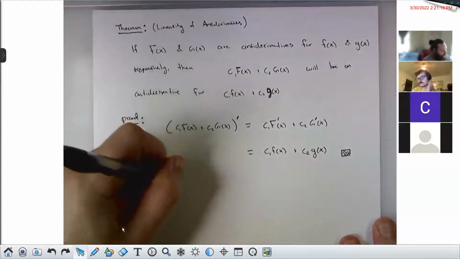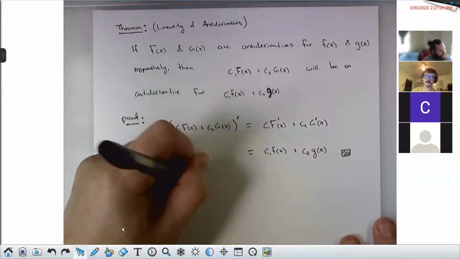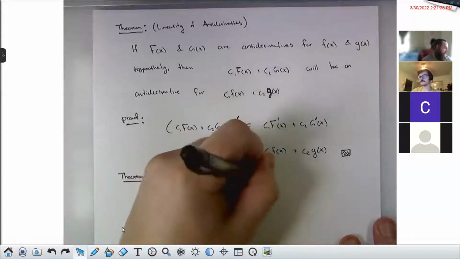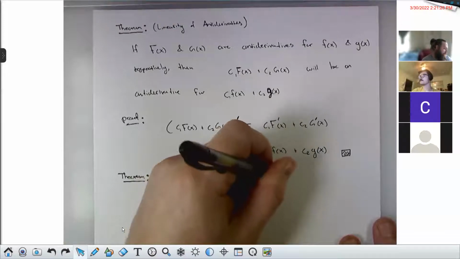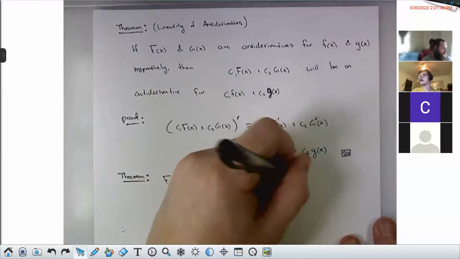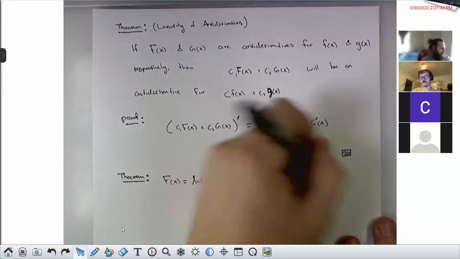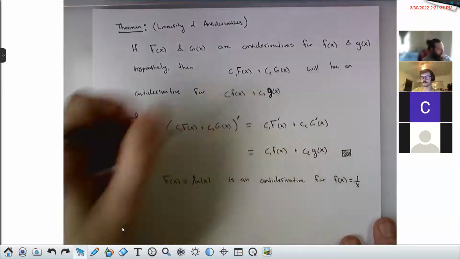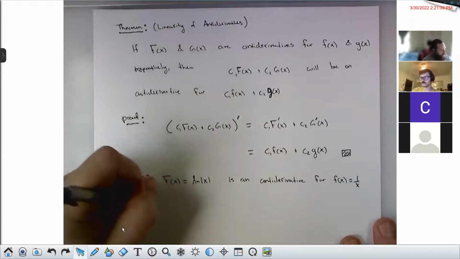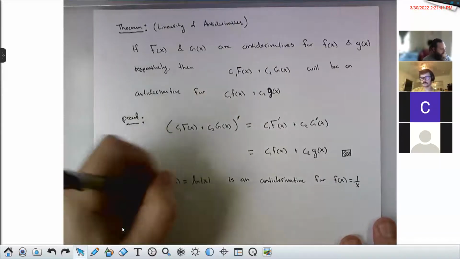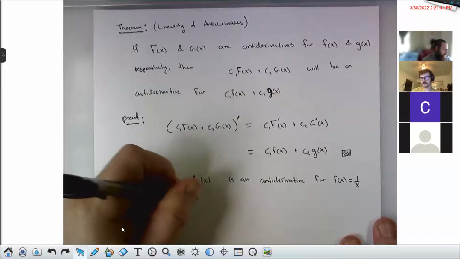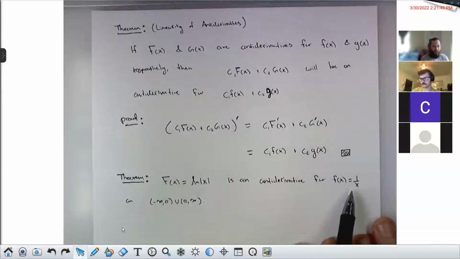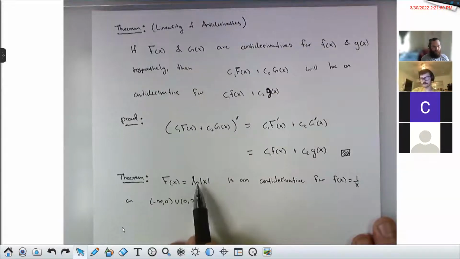Big F of x equals natural log of the absolute value of x is an antiderivative for little f equals 1 over x on the set negative infinity to 0, union with 0 to infinity. In other words, everywhere 1 over x is defined, this thing serves as an antiderivative.